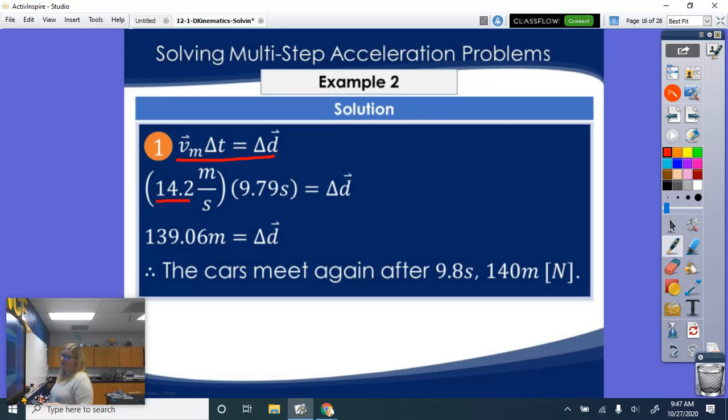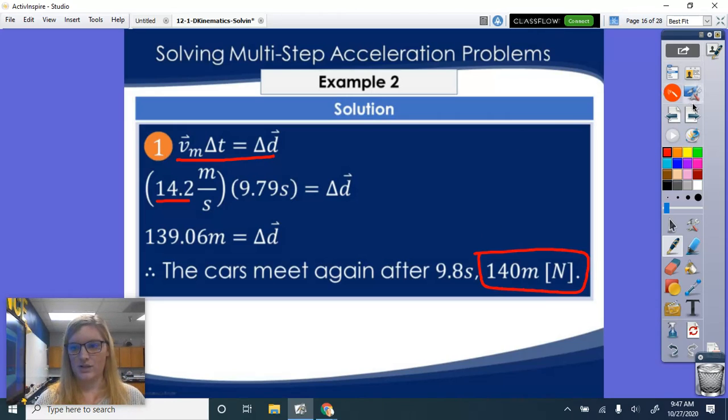Then the time that I calculated, multiplying those two together is going to get my total distance. And if you wanted to, you could technically plug this time in for the other equation as well, if you wanted to prove to yourself that it was right. But you should get approximately, they rounded, 140 meters north when you do that.